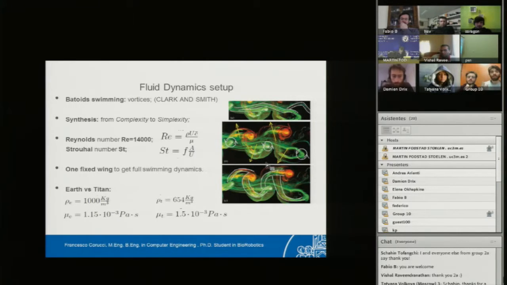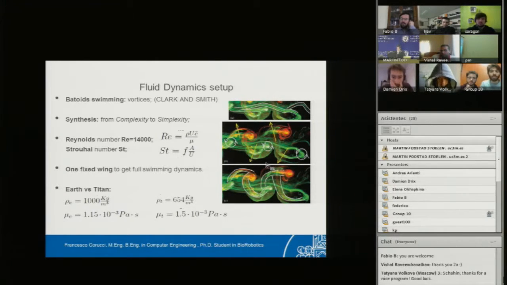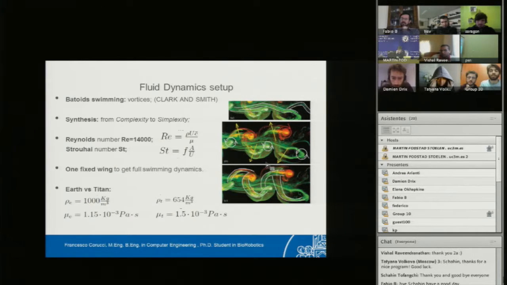So we had to do some synthesis, and we moved from complexity to simplicity, using non-dimensional parameters. The two most important were the Reynolds number, very common in fluid dynamics problems, which is the ratio between inertial and viscous forces, and the Strouhal number, which is characteristic of fish swimming.